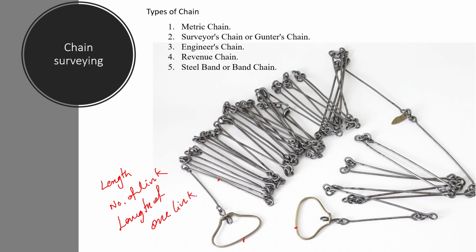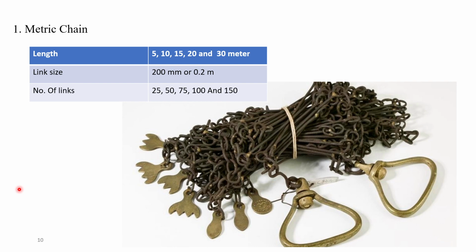For different chains, there are different lengths, different numbers of links, and different lengths of one link. First we will study the chains, then we will study the bands. First we are going to start with the metric chain.